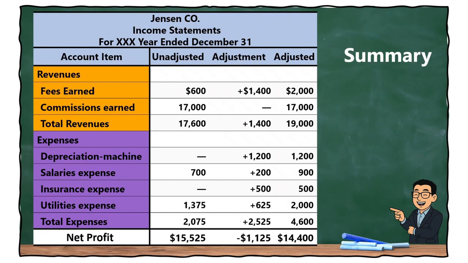Here's the summary of all our adjustments for Jensen Company. On the revenue side, fees earned increased by $1,400, bringing total revenues up to $19,000. On the expense side, we added depreciation, salaries, insurance, and utilities, a total increase of $2,525.